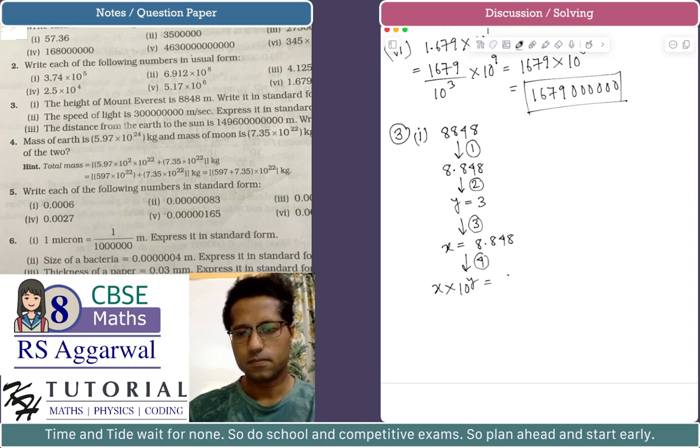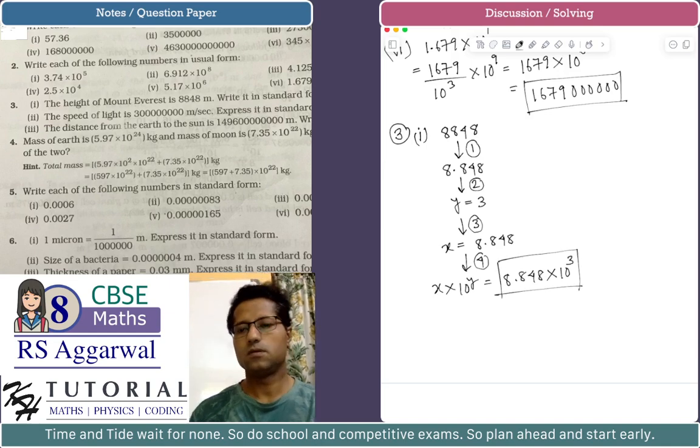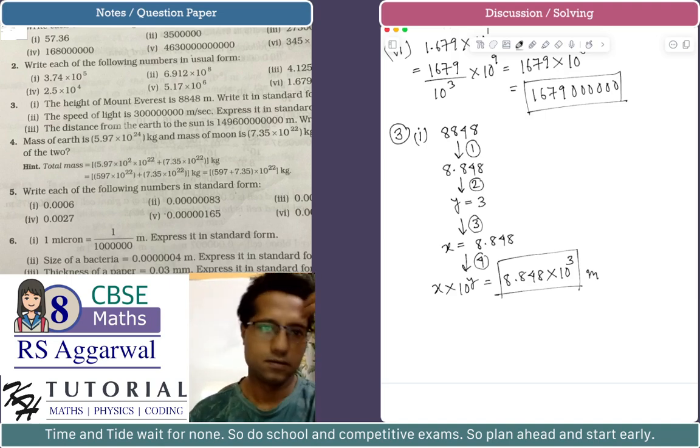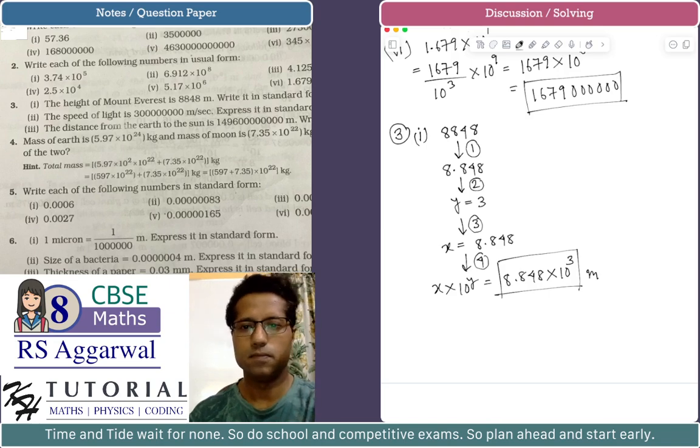This is 8.848 multiplied by 10 to the power 3. The unit is meter. This is the height of Mount Everest in the standard form. Part 2.